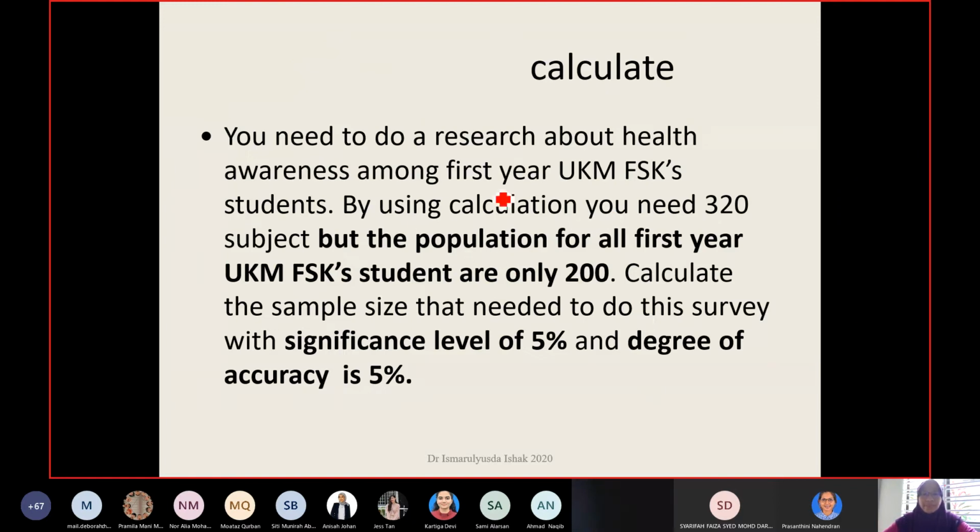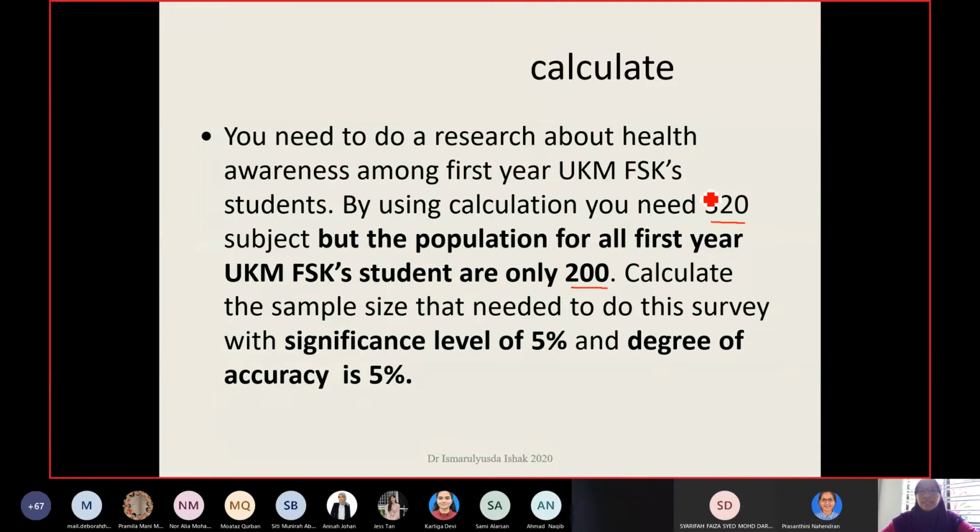For example, by using calculation you need 320 subjects, but the population of all first year FSK students is only 200. This is just an example. Your target population is FSK students.